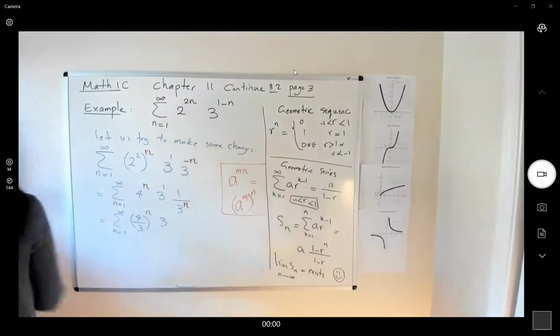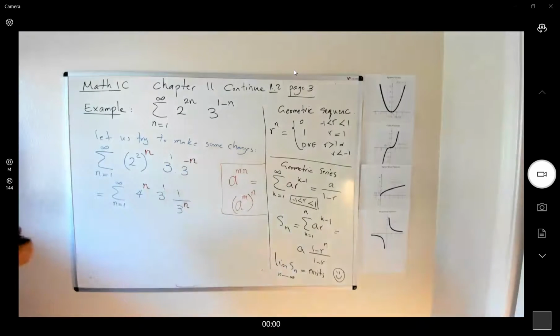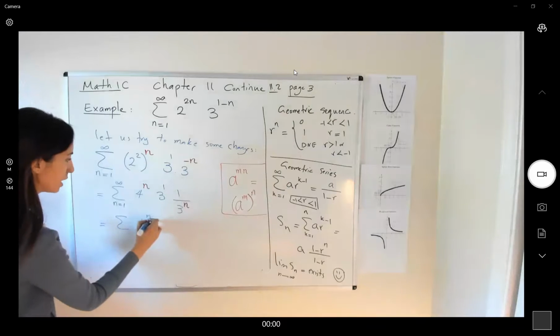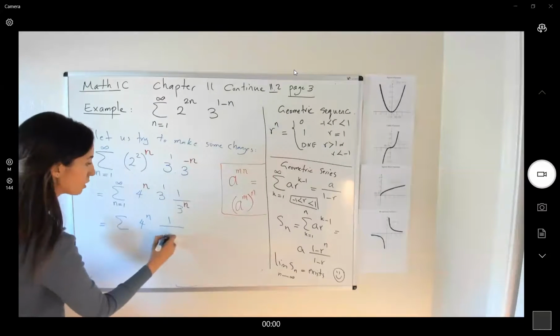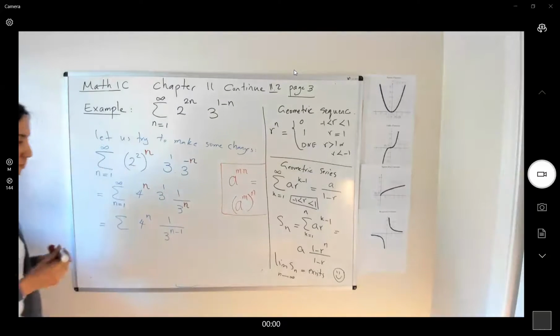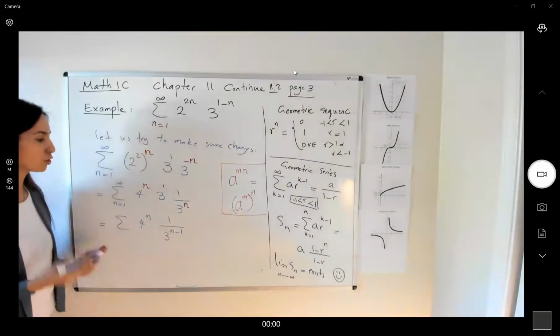So let us write it this way: 4 to the n times 1 over 3 raised to n times 3 to the negative exponent n minus 1. What about this here? I have 4 to the n.